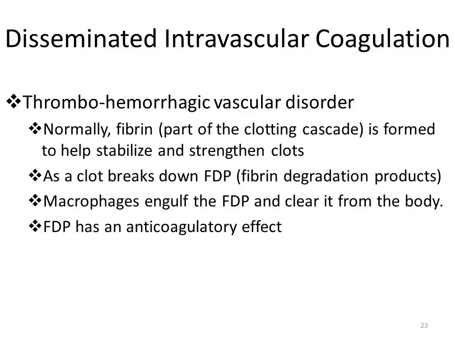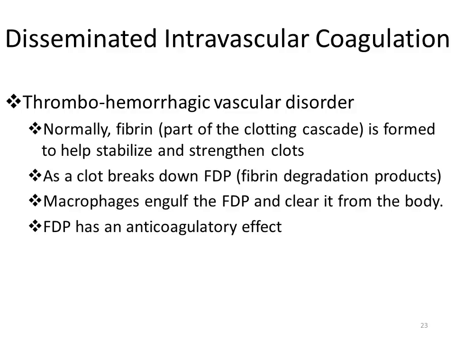And when that blood clot breaks down, it makes FDP, fibrin degradation product. And that FDP is an anticoagulant. So if we had a crush injury, we have all these little blood clots in there. They begin to break down.